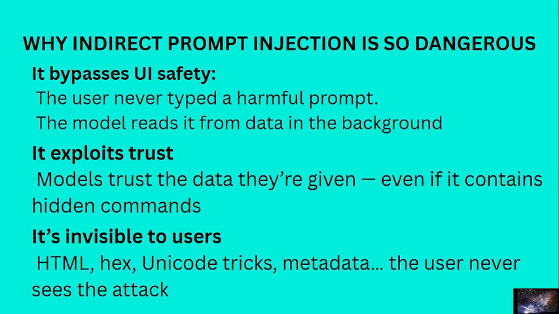Rather, it waits for the user to request data, and in the process of the AI sourcing that data, the AI reads harmful prompts that have been embedded at the source where the AI will get the appropriate data. So the user never typed a harmful prompt. The model reads it from data in the background, and that is why it bypasses user interface safety.